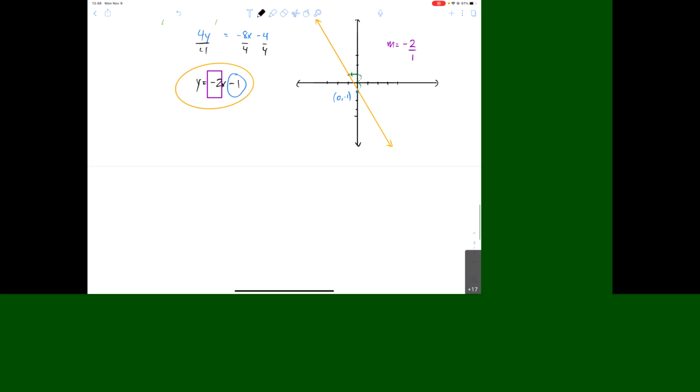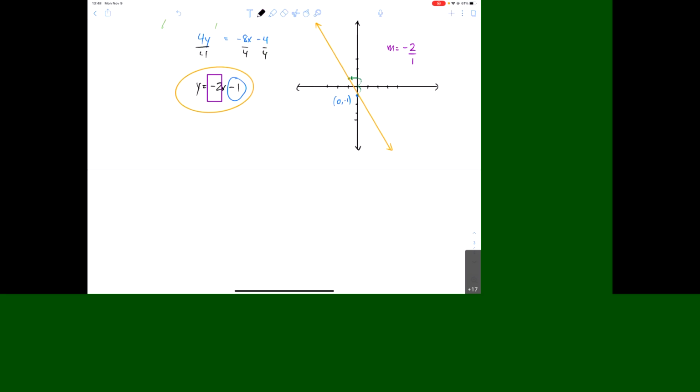So a couple things to recall. So that's the graph right there. Actually, before I start talking about these properties, what questions do we have there? All right, cool. So a couple of things, some properties of slope.